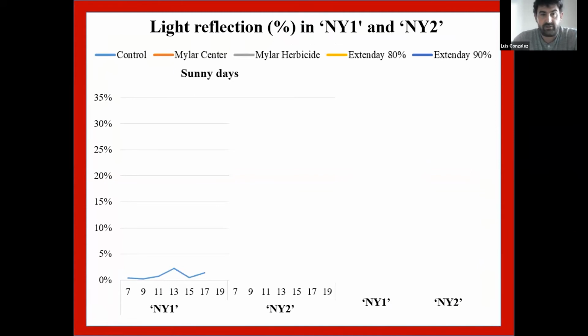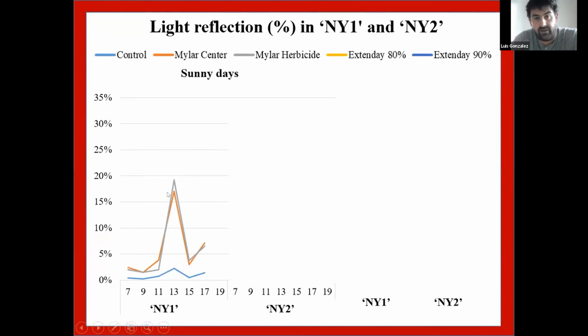Okay, this is the result for NY-1. The blue line is the control treatment. You see the light reflected for the control is low, but the mylar treatments show similar values in the 2 compositions, in the center and in the herbicide strip. You can see these 2 materials increase the light reflection.